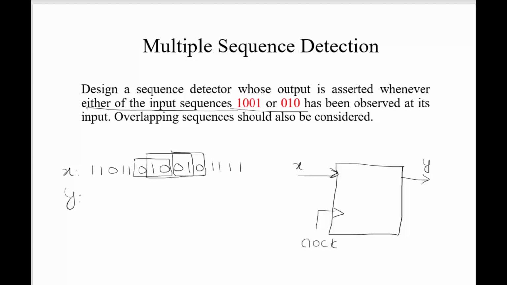So our output should detect all these three overlapping patterns. So our output will be low for the first 5 bits, and of course we can appreciate यहाँ पे भी हमारी output low होगी, but it will get high for this particular 010 sequence. उसके बाद will also be high for the 1001 sequence, overlapping sequence, and it will be high because there is this 010 sequence, and it will be low for the rest of the inputs.